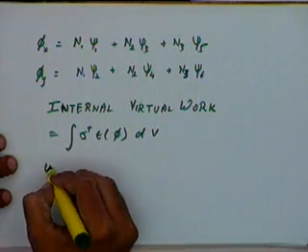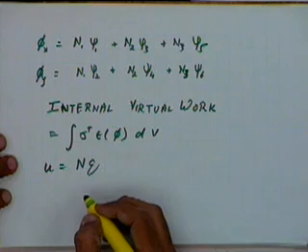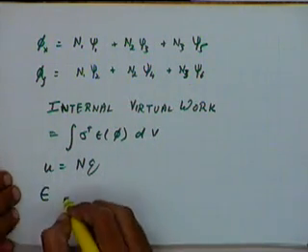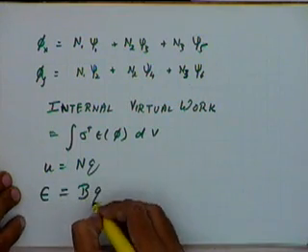We have said if u is equal to nq, then we can differentiate u and get epsilon equal to bq.